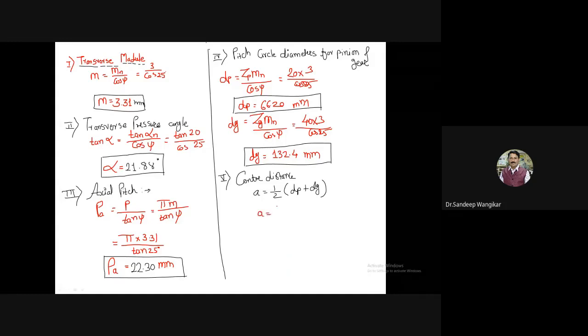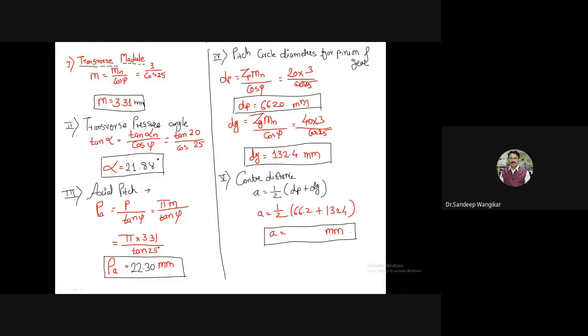So A is equal to 1 half into 66.2 plus 132.4. What will you get as center distance? Calculate.